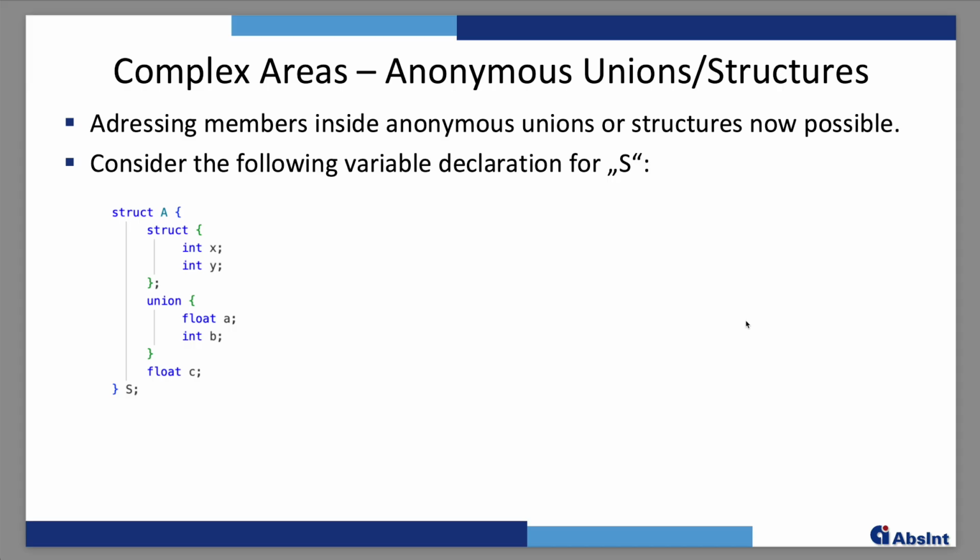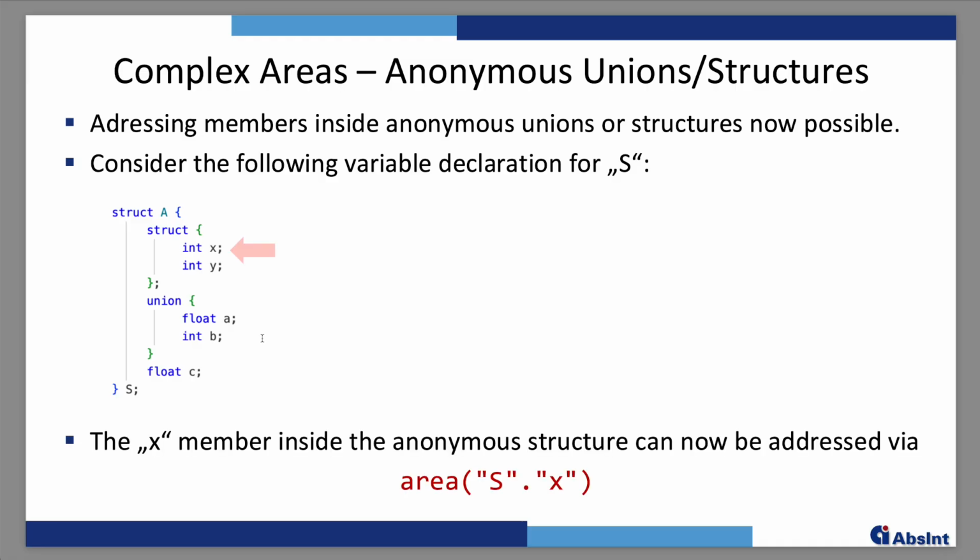Consider, for example, the following variable declaration for variable S, which is a structure containing itself an anonymous structure with components X and Y, and a union with components float A and B, and another floating variable C. If you now would like to address or annotate the content of the component X inside of this anonymous structure, this can now be done using the area and then the complex area expression s.x, even though there is no naming for that inlined or nested structure.